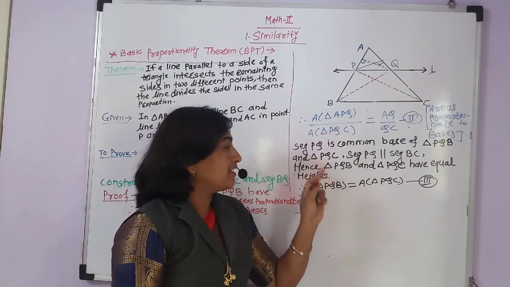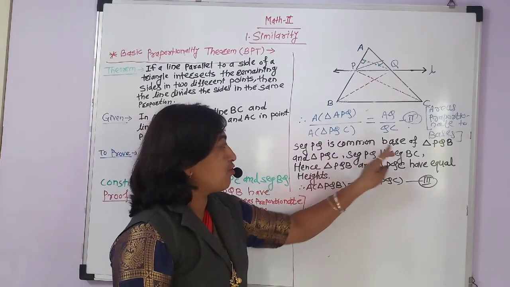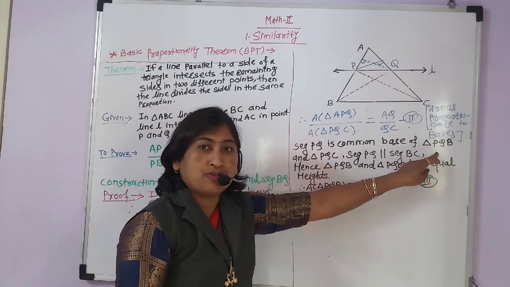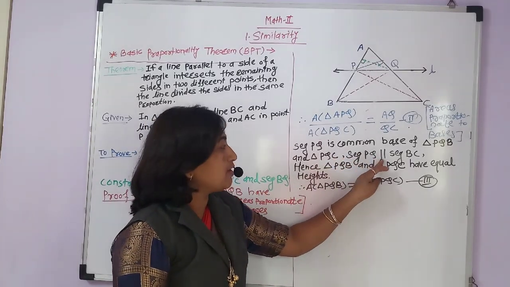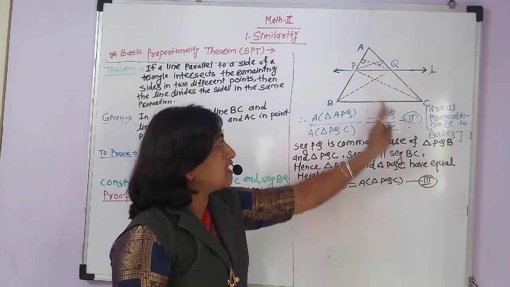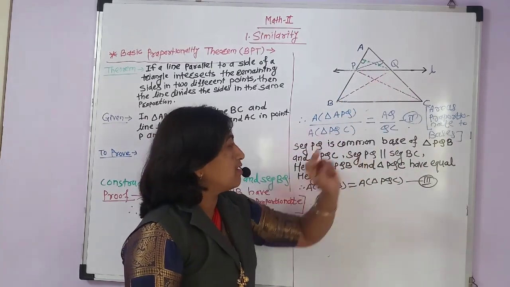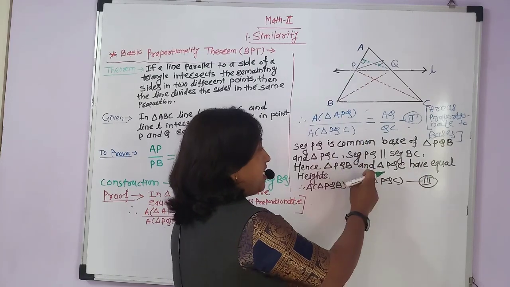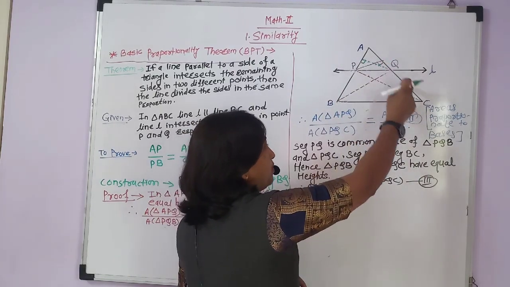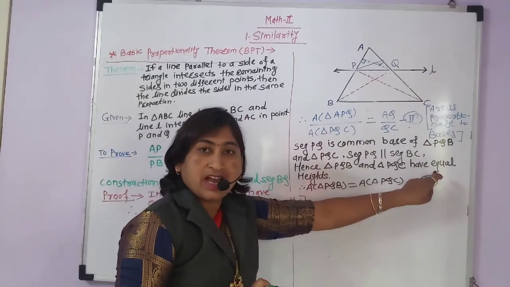See here, seg PQ is the common base of triangle PQB and triangle PQC. PQ is parallel to seg BC. Hence, triangle PQB and triangle PQC have equal heights.